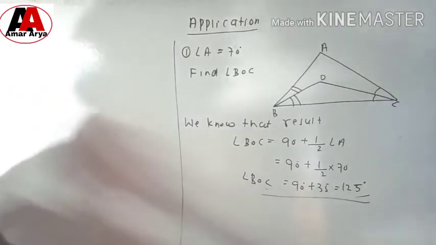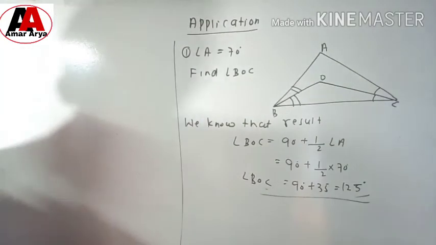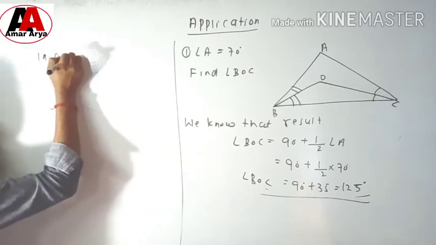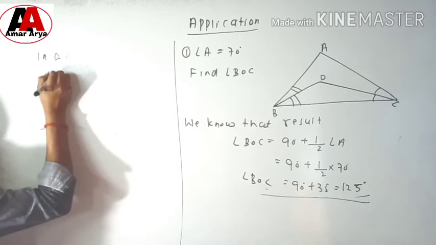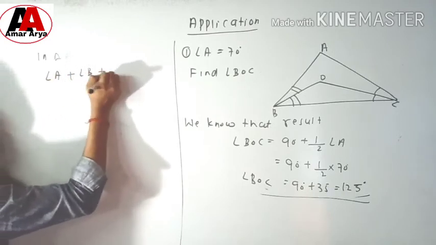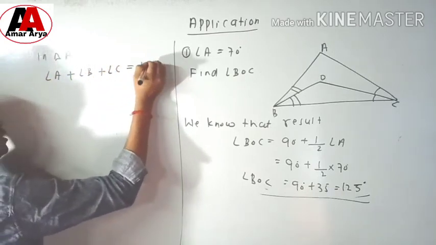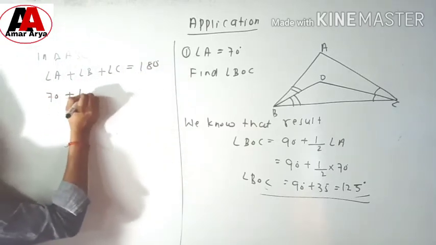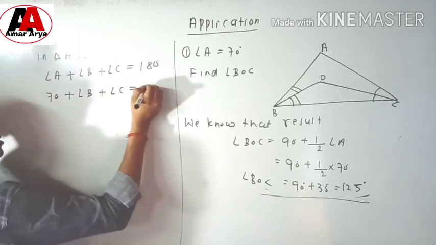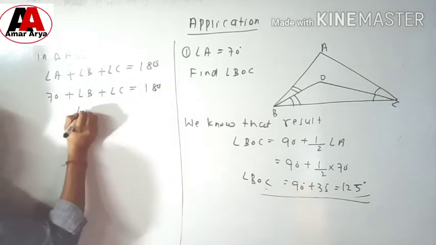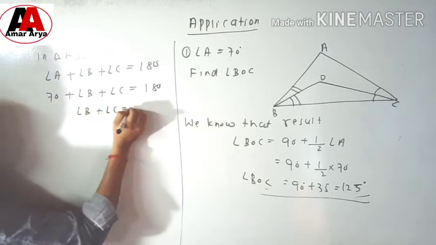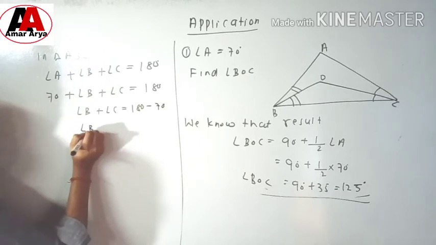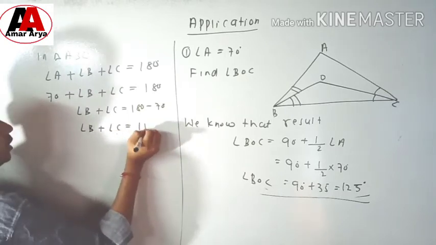So you can find it directly with the help of the previous result. And now we are going to solve it process-wise. In triangle ABC, angle A plus angle B plus angle C equals 180 degree due to the angle sum property. A is 70 degree, so angle B plus angle C equals 180 degree minus 70 degree, which is 110 degree.